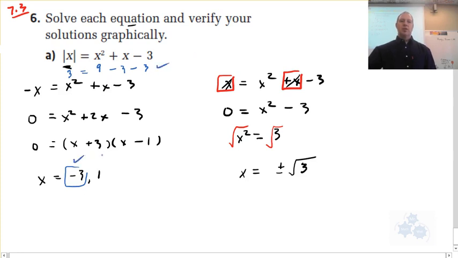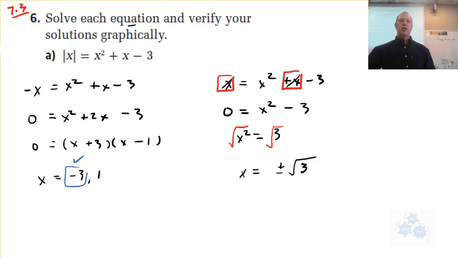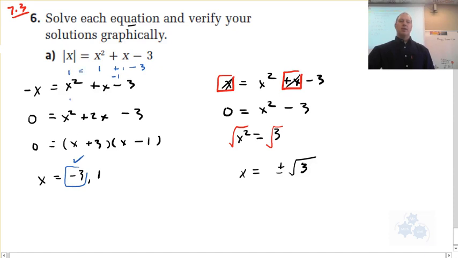And if you just check the others as well, so if you check 1, 1 plus 1 minus 3, oh, that's going to be equal to negative 1. And the absolute value of positive 1 is not negative 1. So that one looks like it doesn't check out, if I've done that correctly.